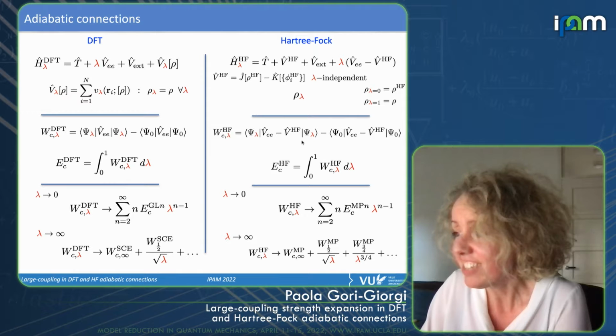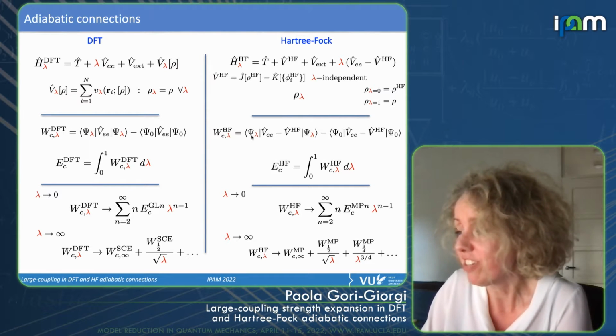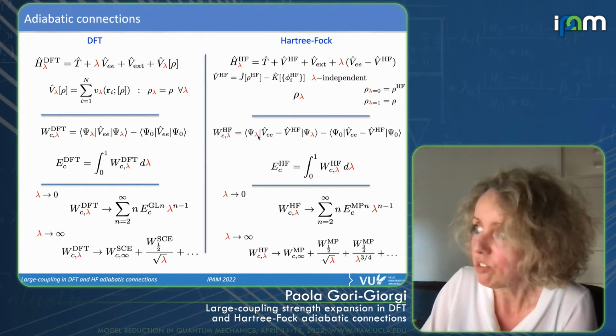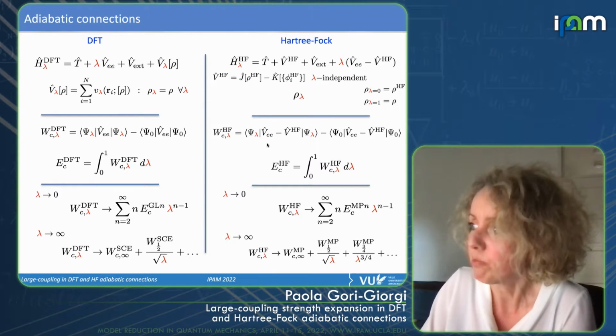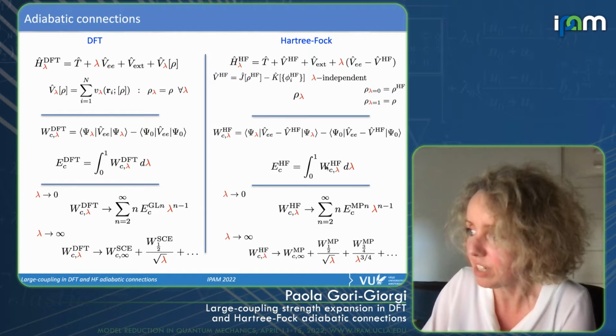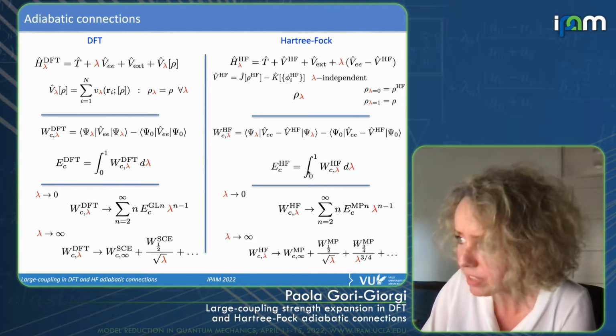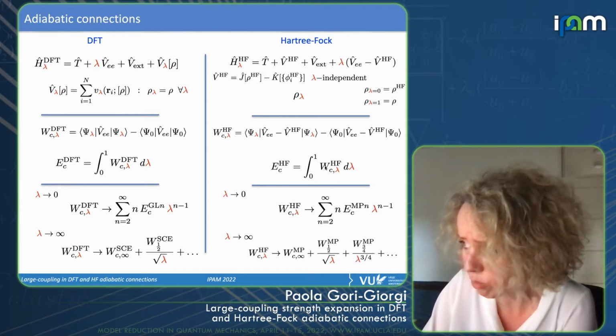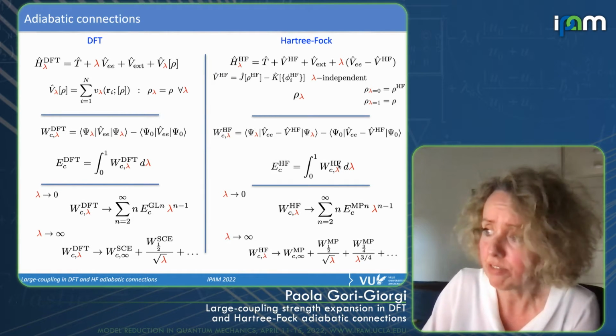And in this case, you define this expectation value. So you consider this wave function psi lambda that minimizes this Hamiltonian here. And you look at the expectation value of the fluctuation potential on psi lambda minus the one on the Hartree-Fock determinant, and you have a very similar expression for the Hartree-Fock correlation energy, just that now this object is defined differently.